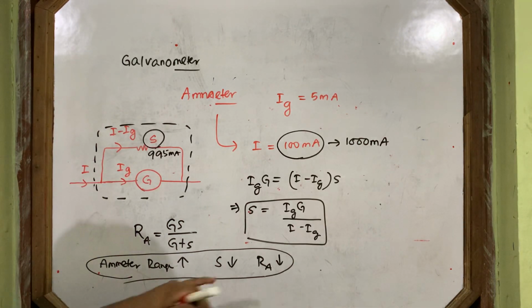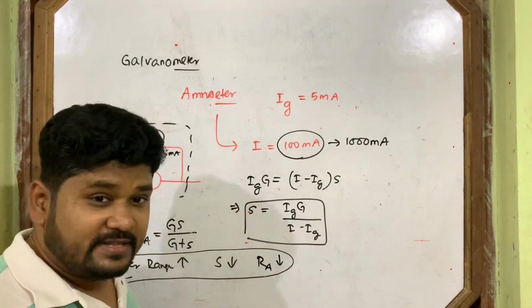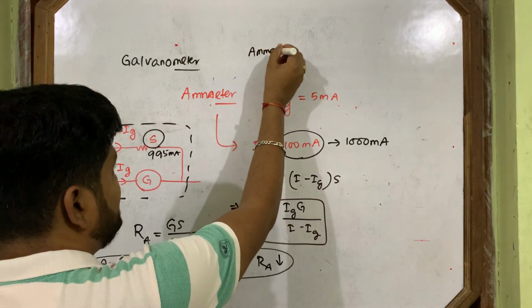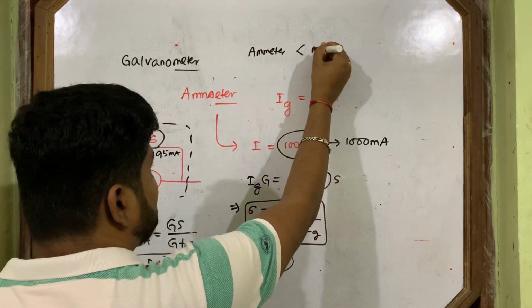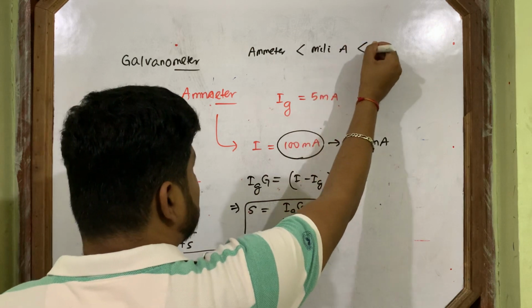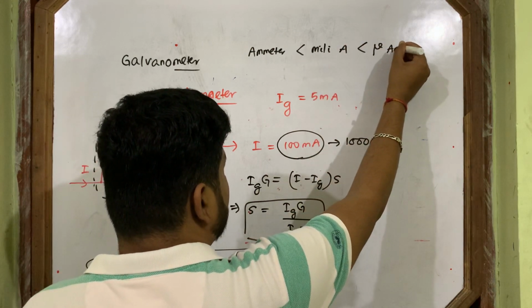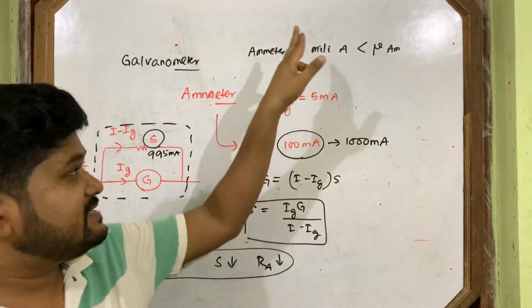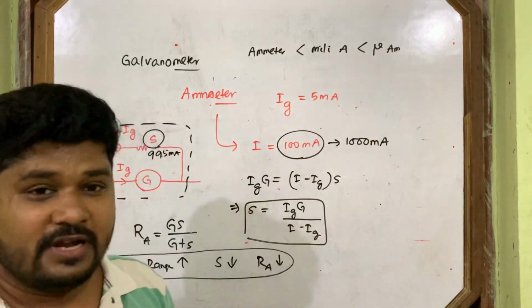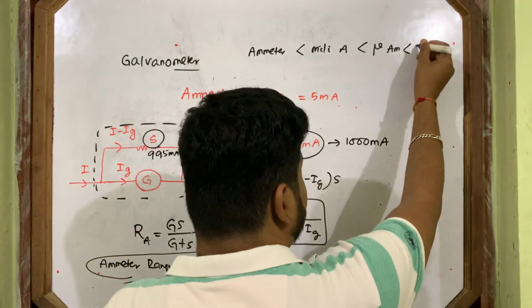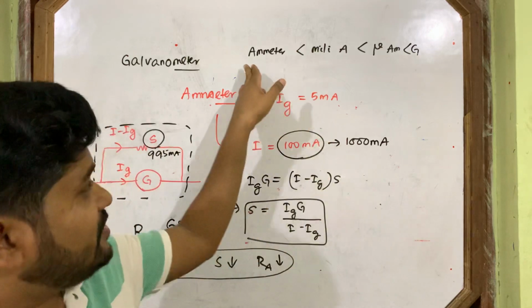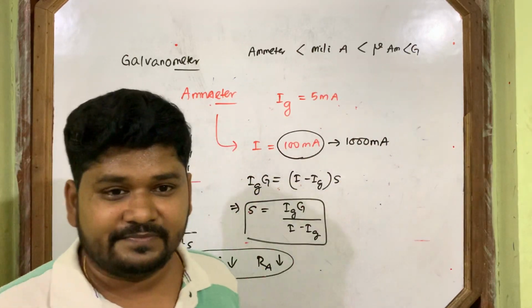That's why more range, less resistance. Hence, if you compare the resistance, the ammeter has the lowest resistance, then the milliammeter, then the microammeter, then your galvanometer. So this is the comparison of resistance of the four.